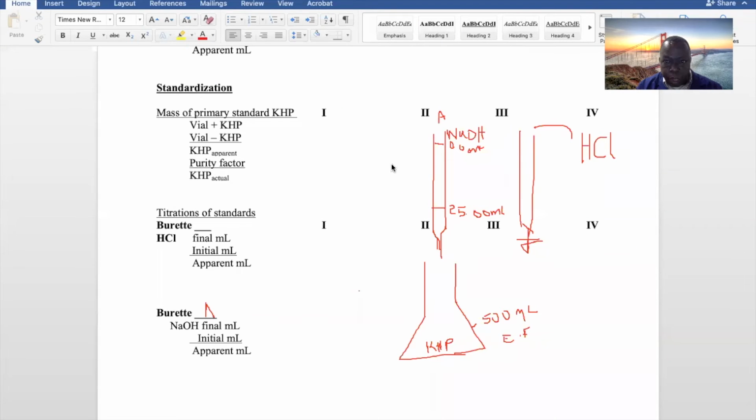What's wrong with my annotation here? This is burette A, and this is burette P right here. So initial here is what?